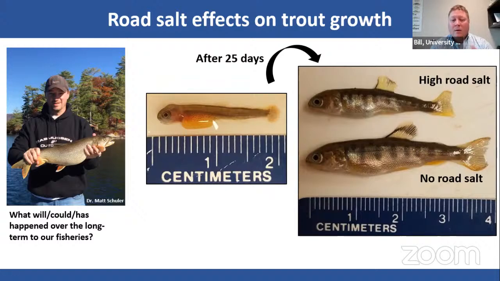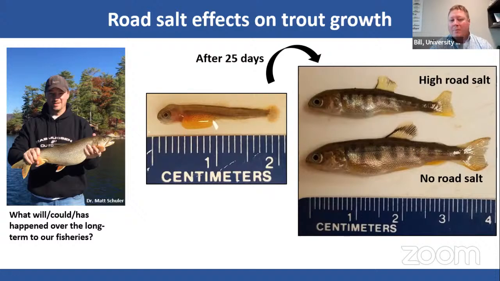And so the larval fish in the middle is what we would call an alevin, right? In the salmonid life stages, it's yolk or sac fry. And so, they don't have the kidney function, the gill function, and a lot of different functions that they do as adults. And so when we expose them to high road salt concentrations, we see this noticeable reduction in growth.